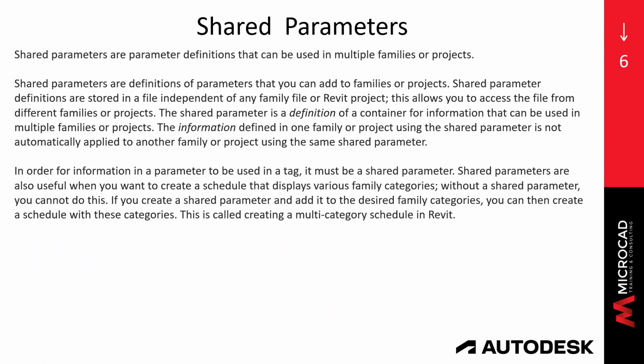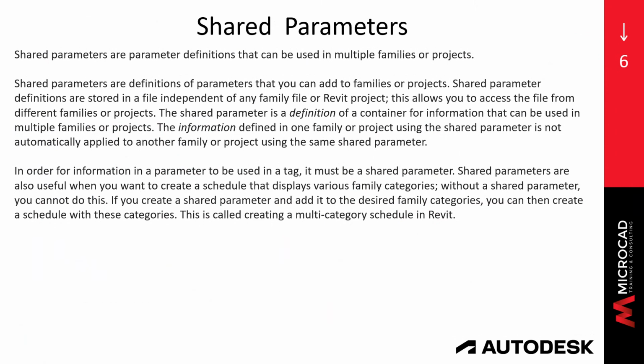A shared parameter can be used in a tag. That is the first and foremost reason to create shared parameters. The other reason, and that is one of the things that I'm going to show you in the software itself, is that family parameters, when you are in the family editor, will not appear in schedules.